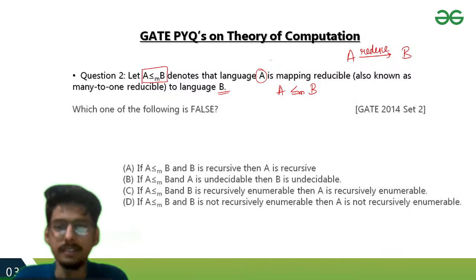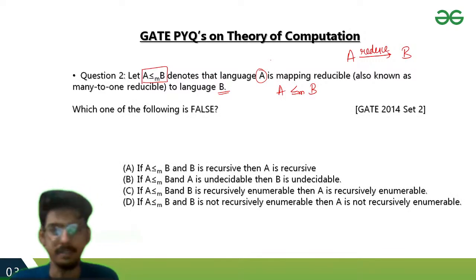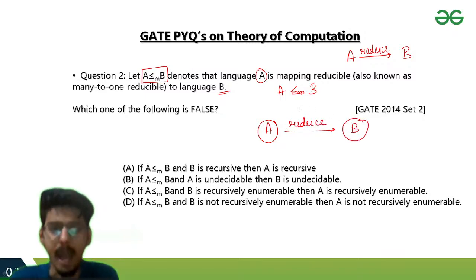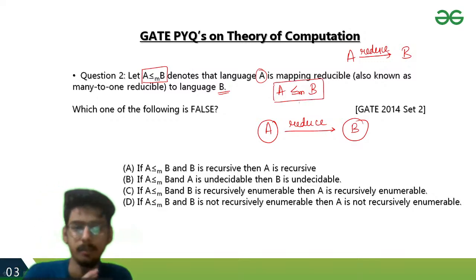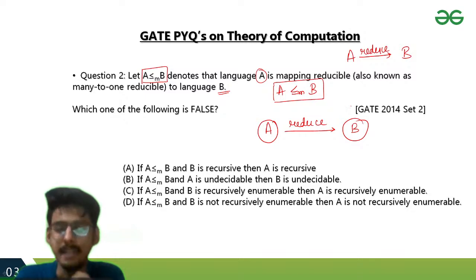Now the question is: which one of the following options is false? So what does this mean? If I say that I am able to reduce language A to a language B, and A is less than or equal to B, this means that B is at least as hard as A. I hope you understand this point.